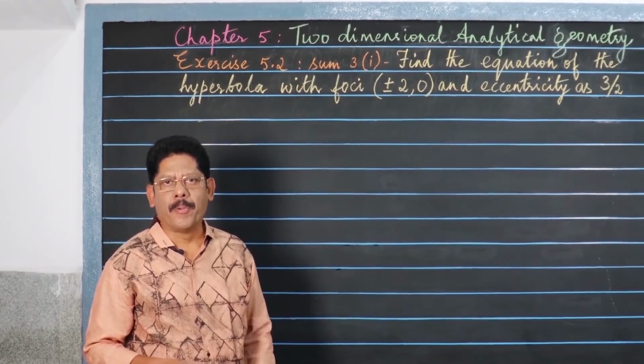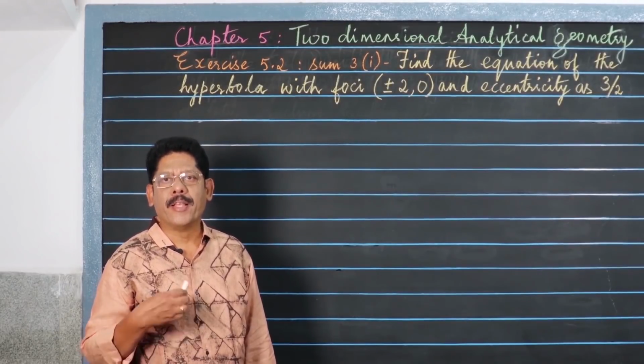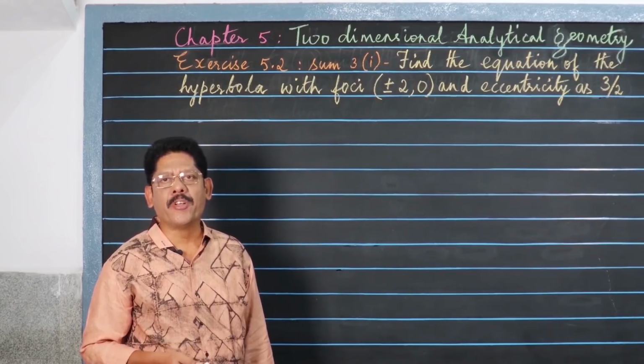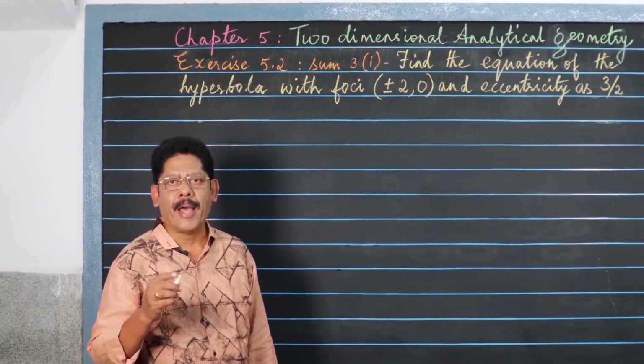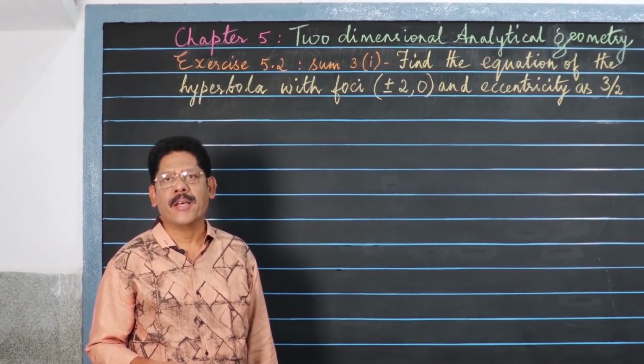Now let us solve the problem in exercise 5.2, sum 3, subdivision 1. That is, to find the equation of the hyperbola with foci as plus or minus 2, 0 and eccentricity as 3 by 2.